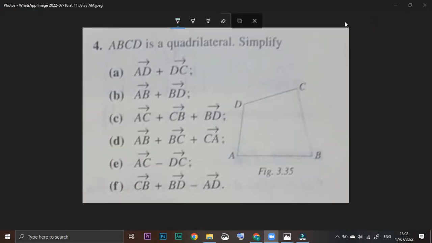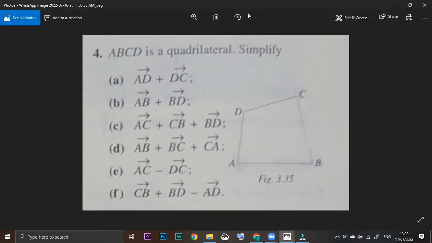Now you can see that in AD plus DC, the tail of the second vector is at the head of the first vector. So the answer is AC. All the questions are very simple. I will attempt part E.